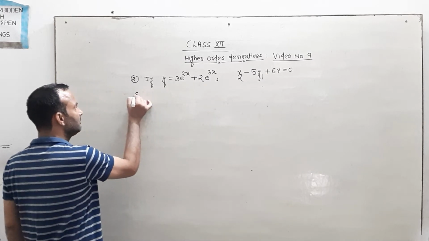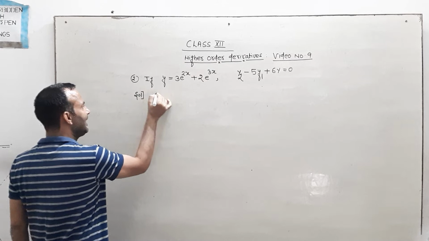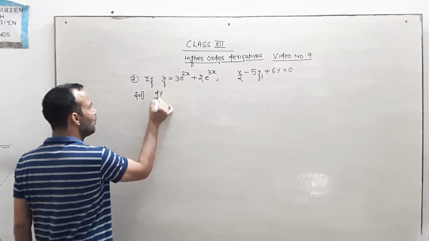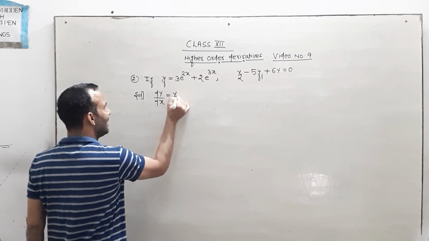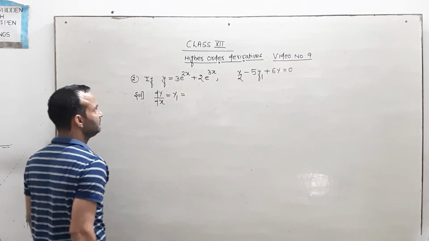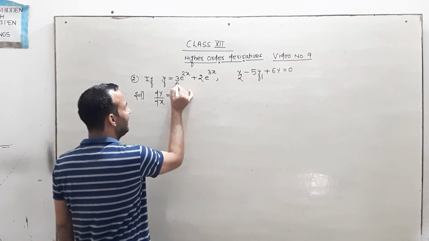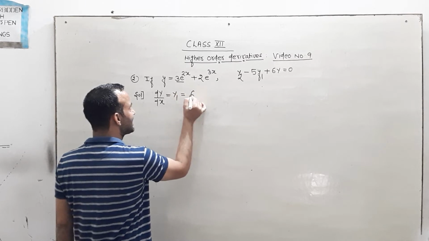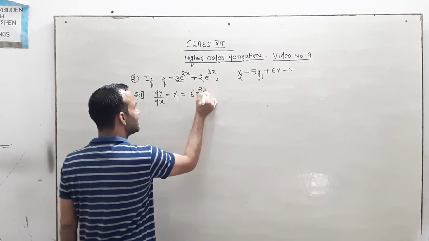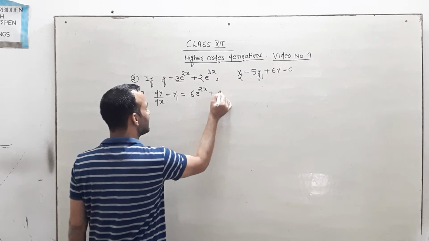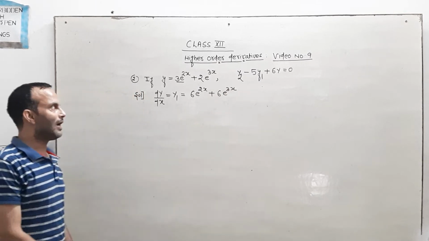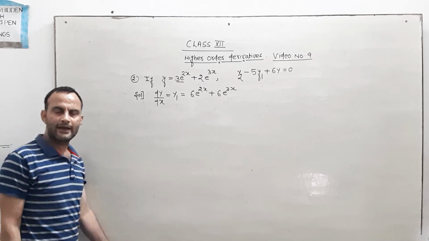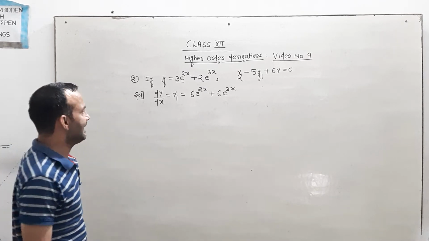Now solution. First we find dy over dx, meaning the value of y1. You can write y1 is equal to the differential of 3 e raised to the power 2x, which is 6 e raised to the power 2x, and here also 6 e raised to the power 3x. This is the value of y1, or you can say the value of dy over dx.